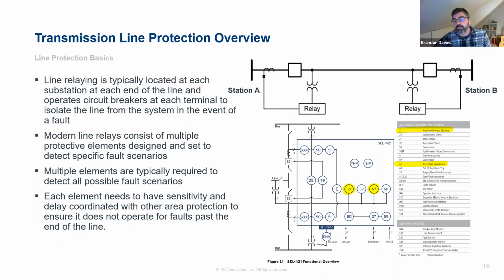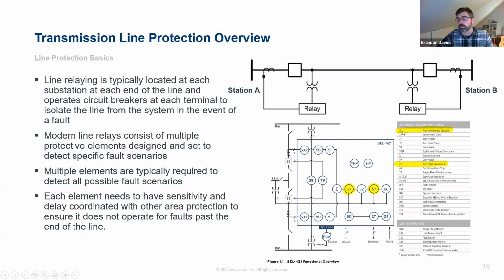One thing is both of these protection elements I have highlighted here are pretty typical transmission line protection. The directionality piece of your directional overcurrent generally uses a voltage to provide that directionality. It uses the voltage as a reference compared to the current to say, is the current flowing towards the line, or is the current flowing away from the line?